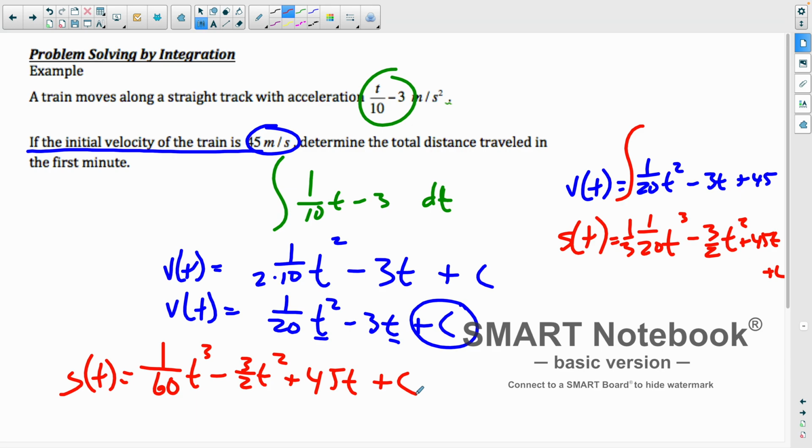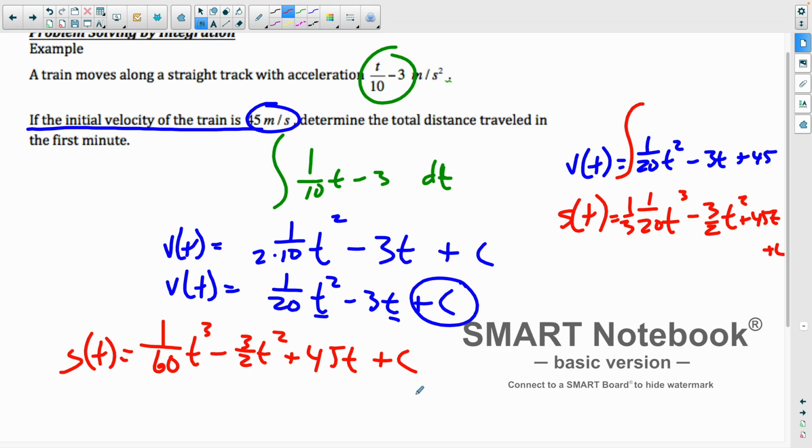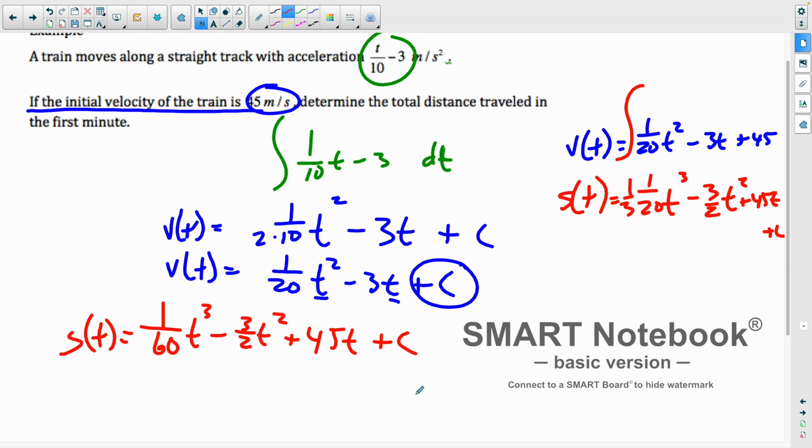Take a look here. Since we're working in seconds, and we're going for 1 minute, don't be confused by that. I'm going to evaluate this from 0 seconds to 60 seconds. Since I'm doing a definite integral, we've seen that our c value disappears.